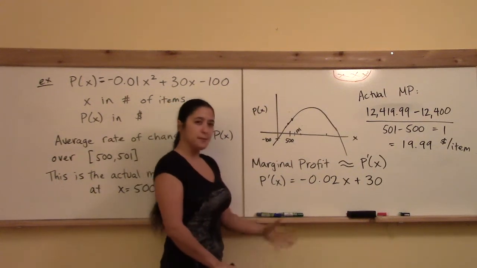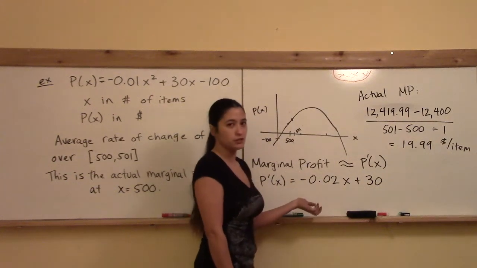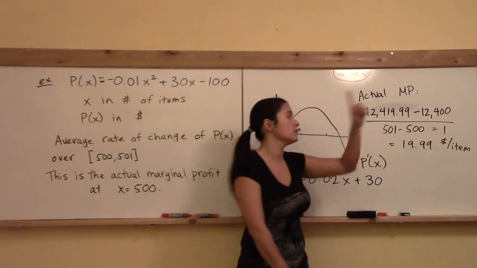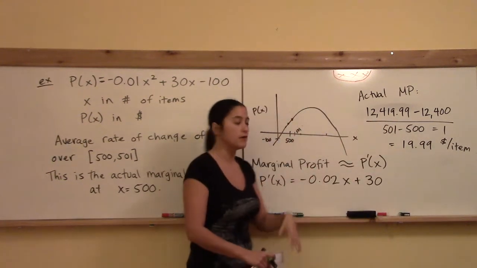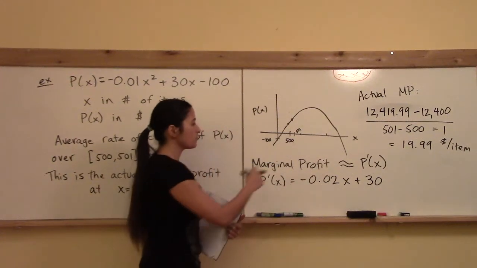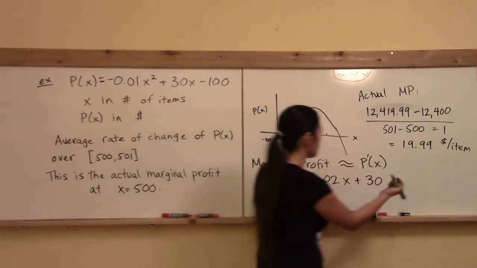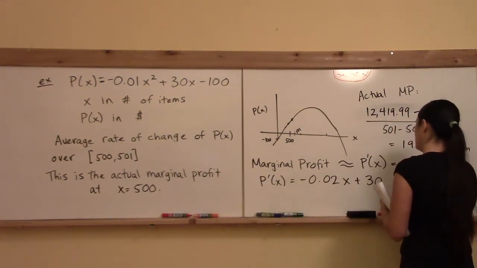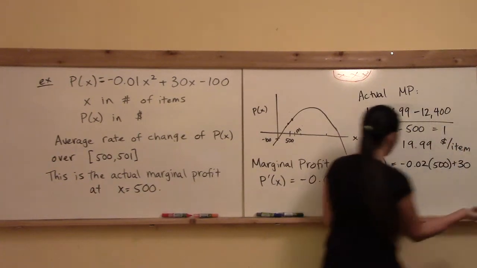Alright, so that was simple enough in practice. However, it did have a lot of steps. If you actually did this out, you notice you had to plug 501 into that equation, plug 500 into that equation, then take the ratio. But instead of that, watch this. See how much easier it'll be for me to approximate this by just saying what is the derivative evaluated at the number 500.